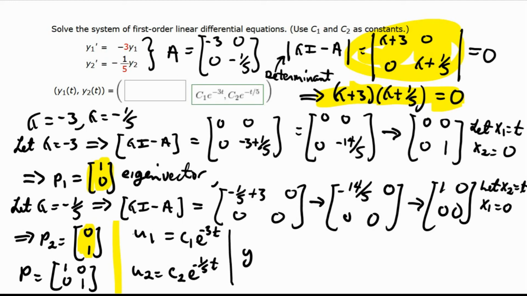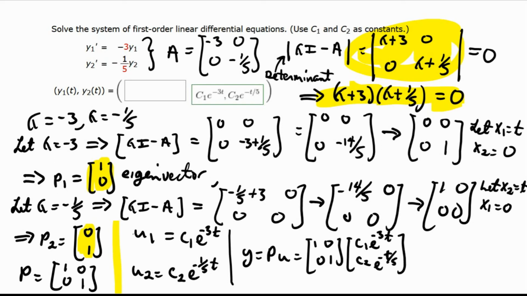So the solution y is equal to P times U. P is the identity matrix, then times here U, C sub 1 times e to the -3t, and C sub 2 times e to the negative t over 5. And this implies that within y is y sub 1 and y sub 2.